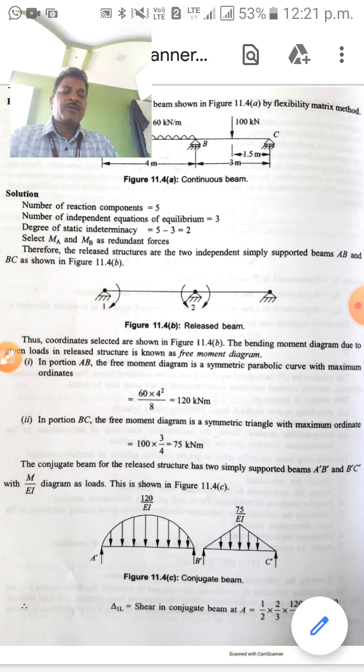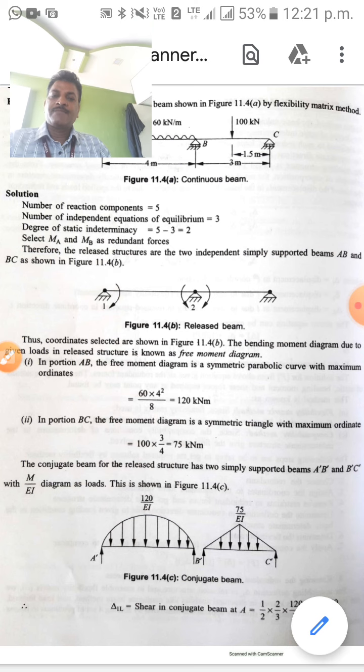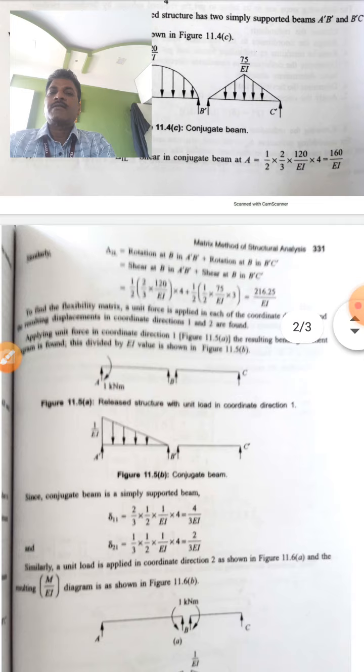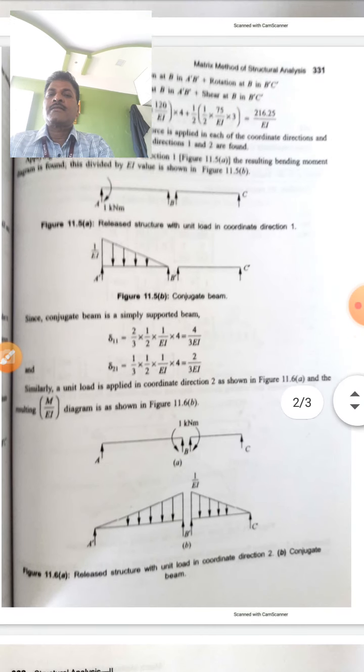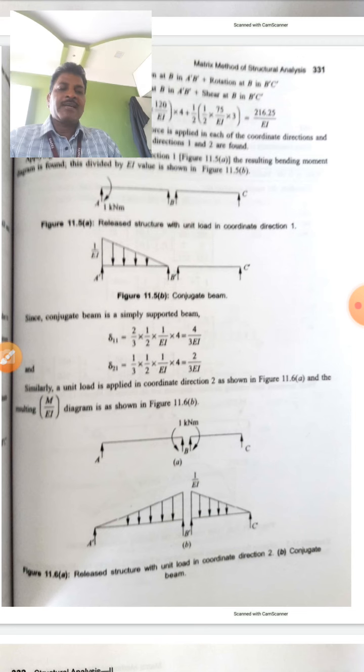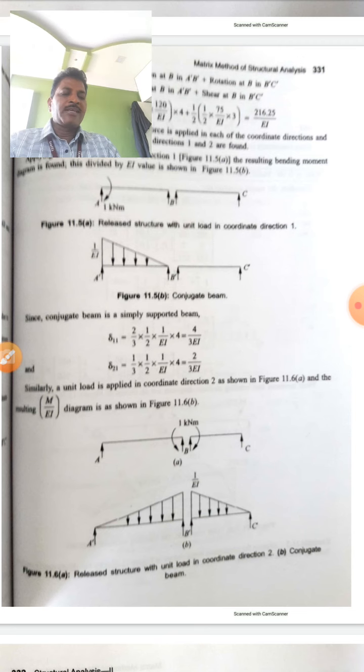Similarly we can do this for coordinate 2, so we get the bending moment diagram due to the unit load applied, shown in the figure. Just look at coordinate 2, where you get the area of the unit load bending moment diagram.